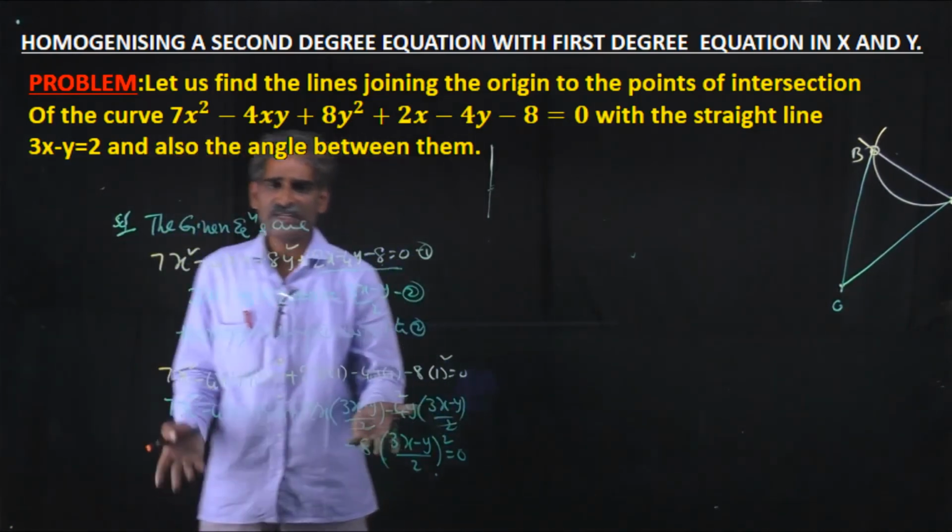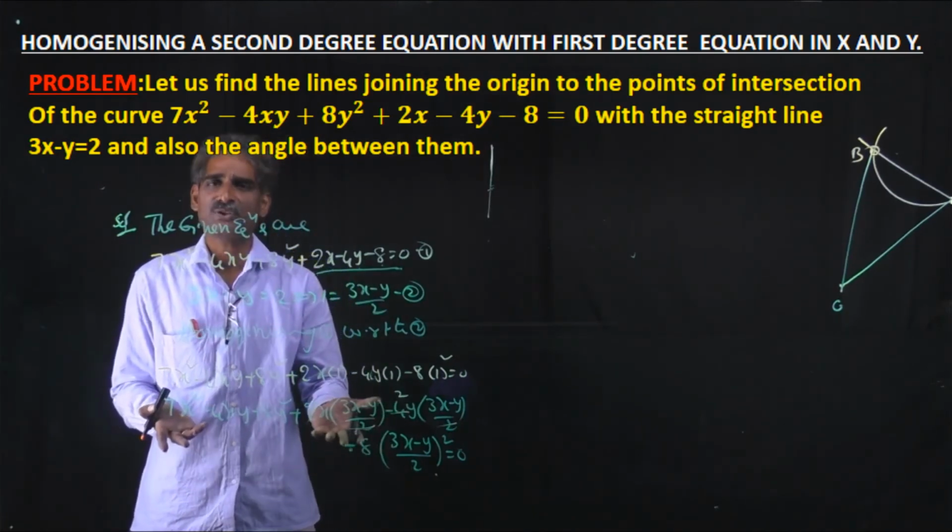By simplification we will get the required equation, that means the combined equation of lines passing through the origin.